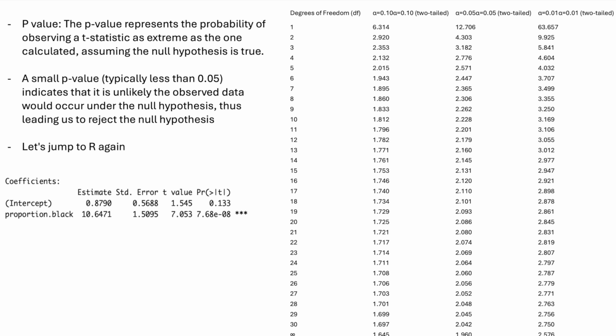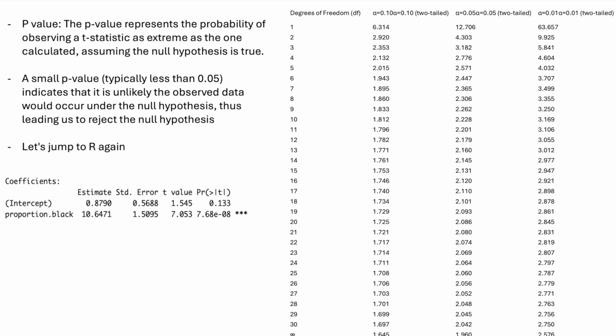So that's basically about p-value. When you use the t table, you know your degrees of freedom, which is n minus 2 for simple linear regression, and you know the value of your t statistic using the equations I have shown earlier.